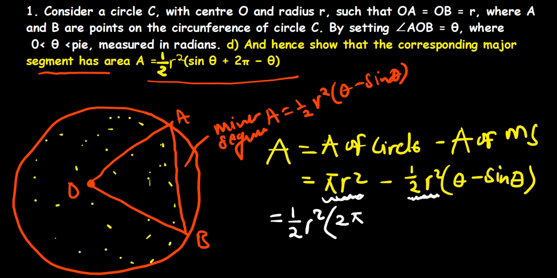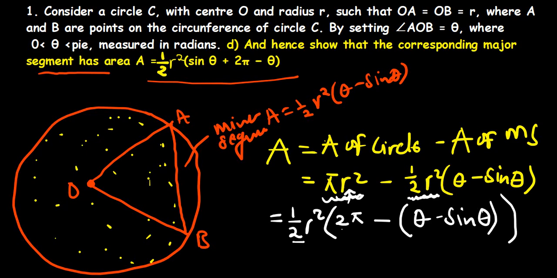Make sure that if you multiply half r squared with this 2 pi, you are getting back your answer there. And then minus, here when I factor out the half r squared, there will just remain a 1, so I'll have theta minus sine theta in the other bracket.